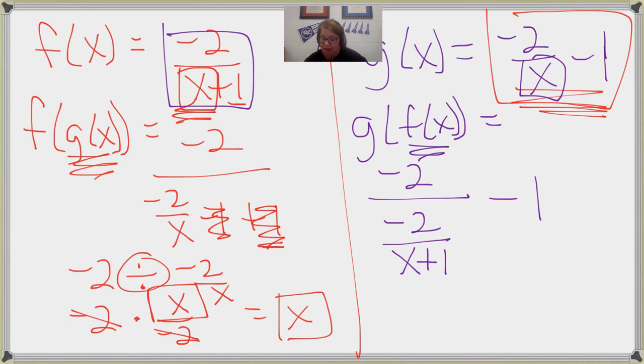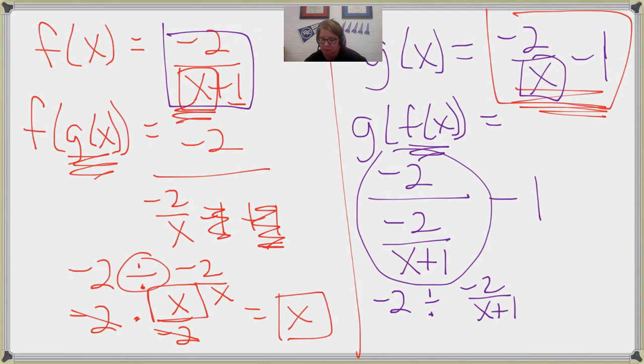Okay, this is a divide, right? So -2 divided by -2 over x plus 1. Keep, change, flip.